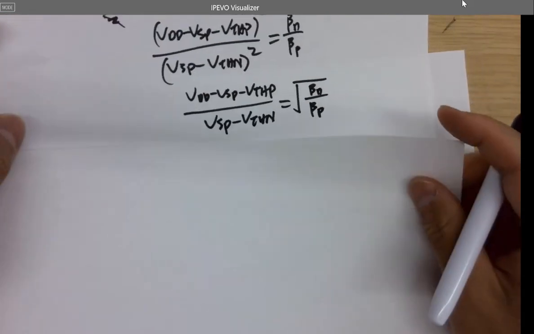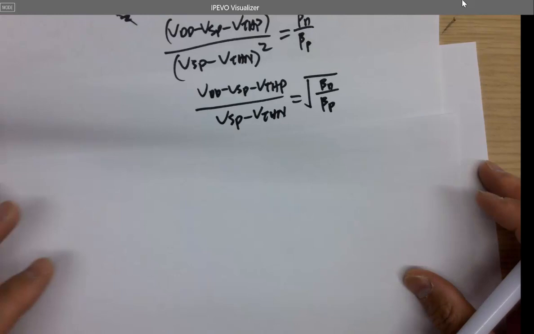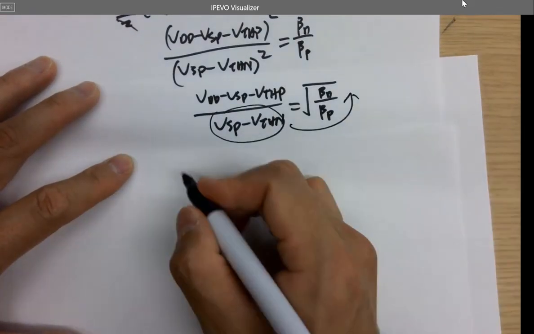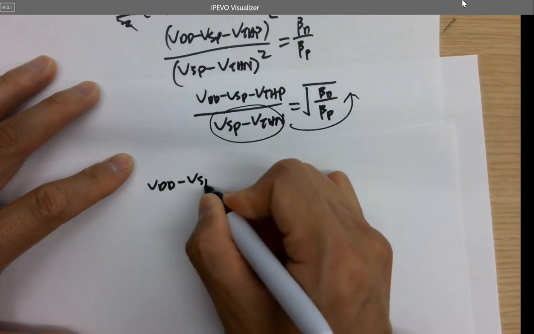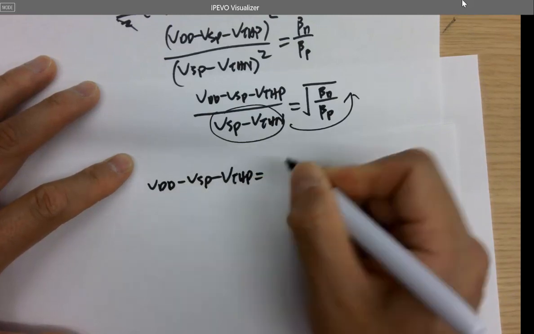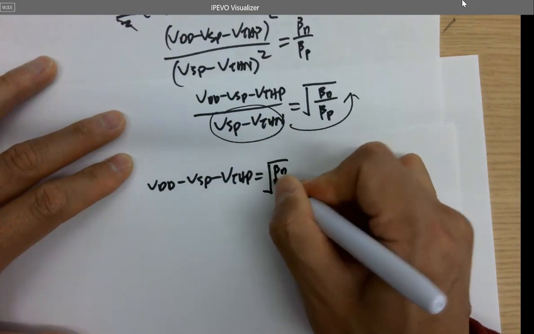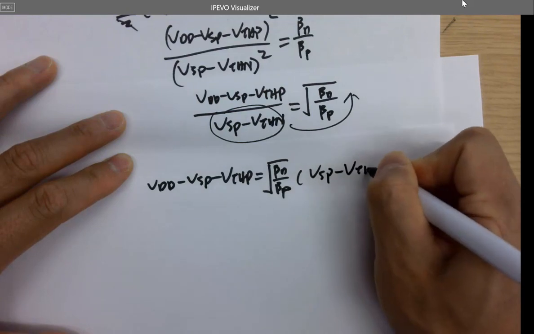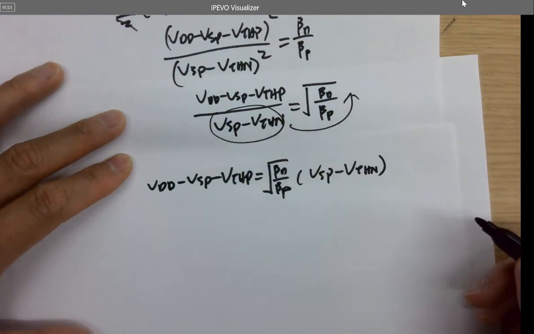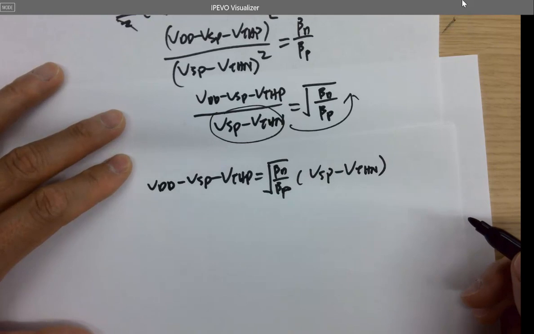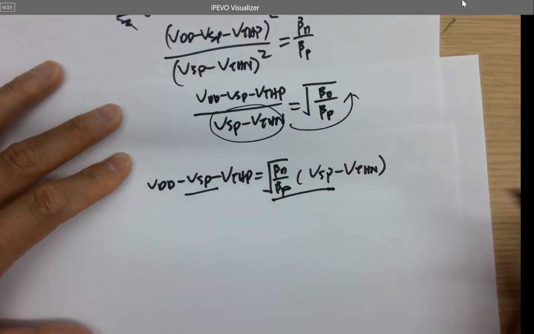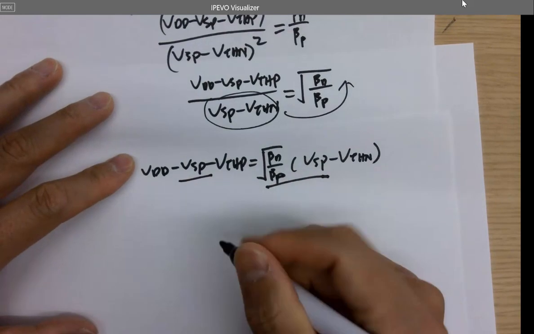So we're calculating VSP, keep in mind. And next, move this one to the other side of the equation. It's going to be VDD minus VSP minus VTHP equals the square root of beta n over beta p times (VSP minus VTHN), right? And we can see that here's another VSP, so we can factor that out by combining them.